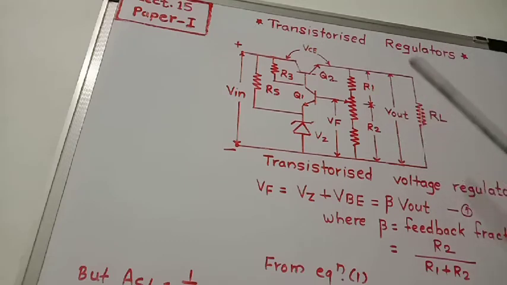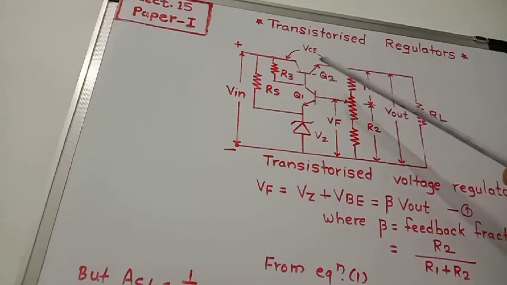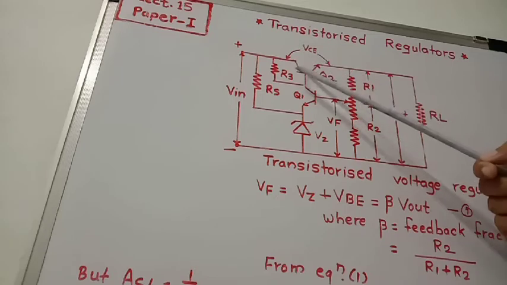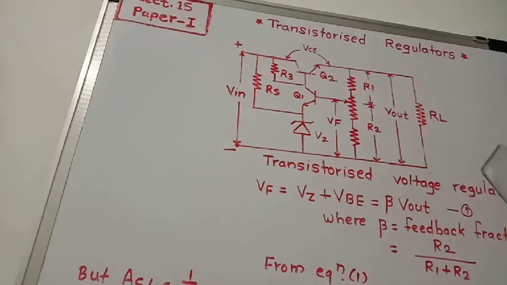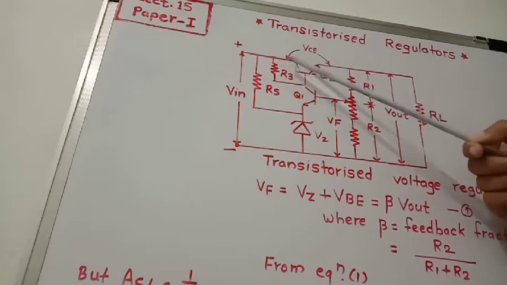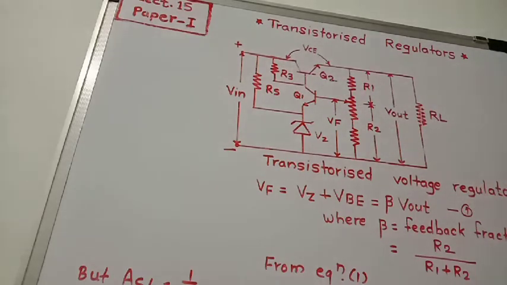PD, that is the power dissipation, is equal to VCE into IC, where VCE means the voltage drop across collector and emitter.